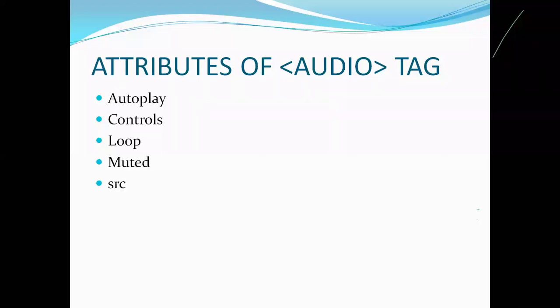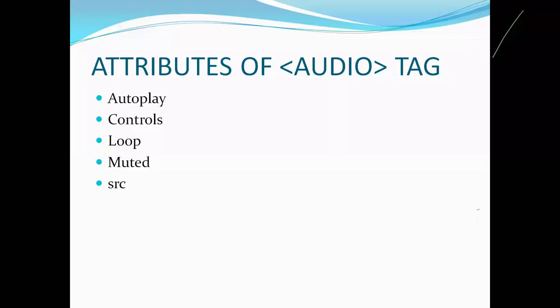Second attribute, controls. The audio controls should be displayed, that is play, pause button, etc. Third attribute is loop. Now loop means what? How many times you want to play that audio file. It is called loop.